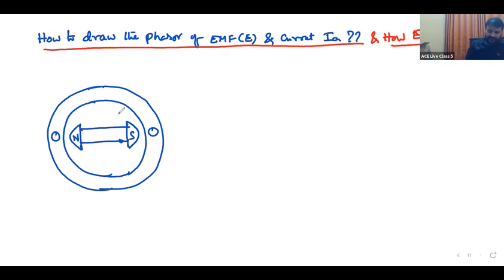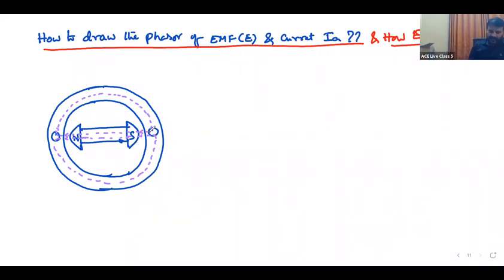This is the flux direction. So this is the flux, phi m.